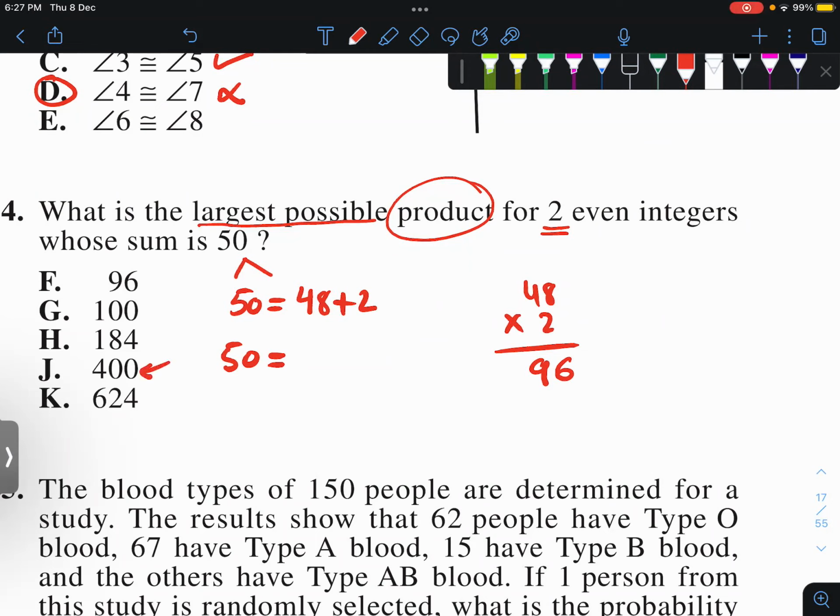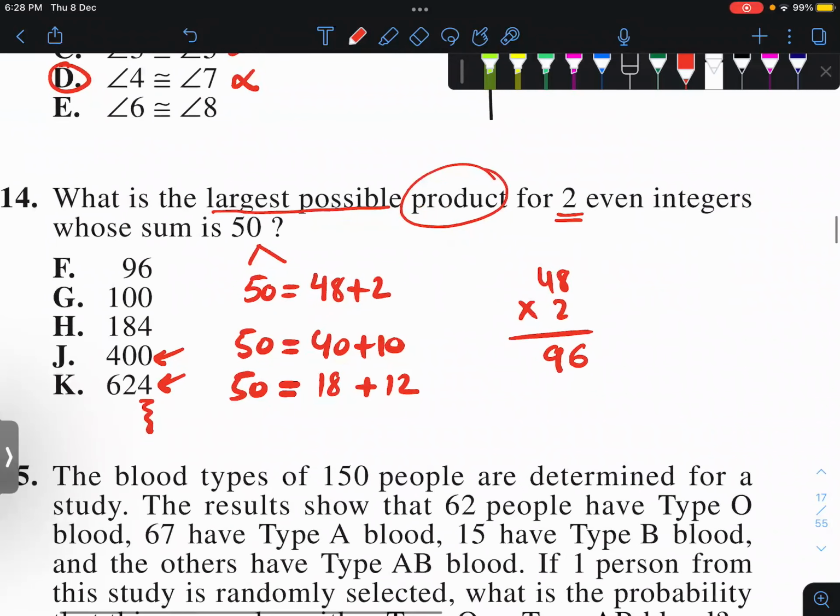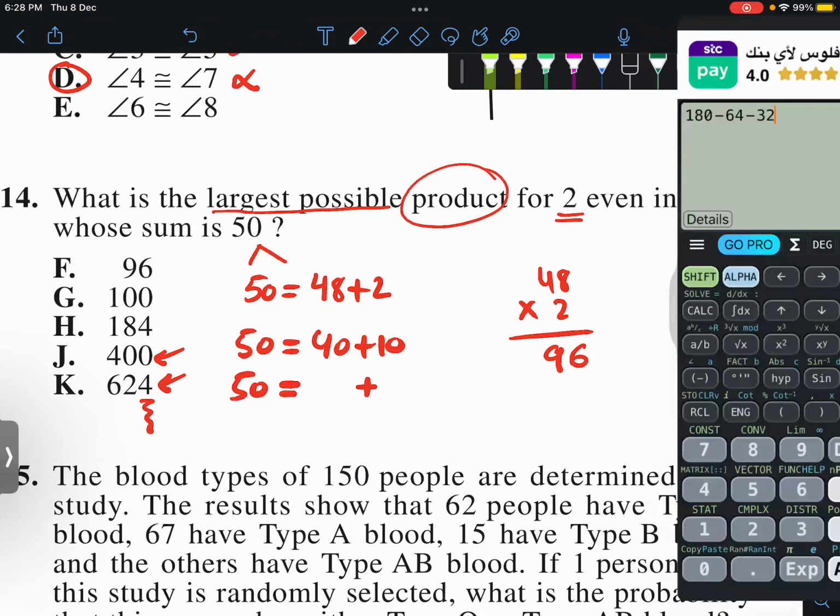What's the greatest number here? 40 and the 10. And when you multiply, it gives 400. Okay, so the answer of question 14, maybe also here the greatest value, which is 624. Let's think, 50 also could be something that starts with 4. Yes. We need two even numbers. When we add them, they give 50. 18 and 12, right? 18 and 12, 30. No. Yes.